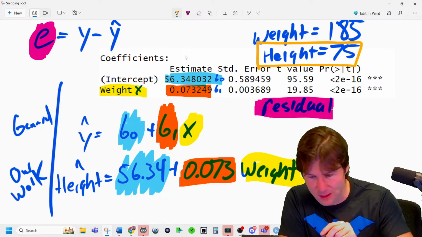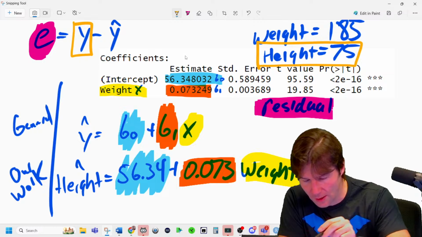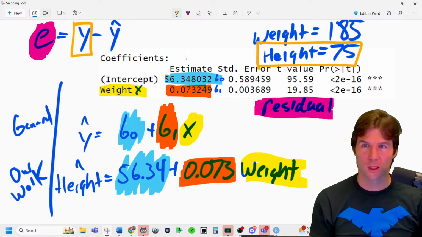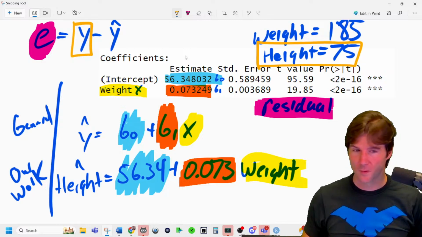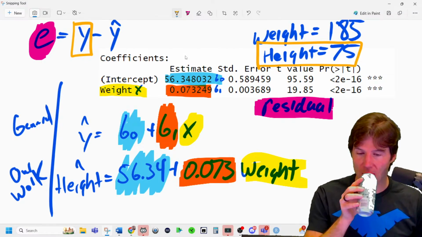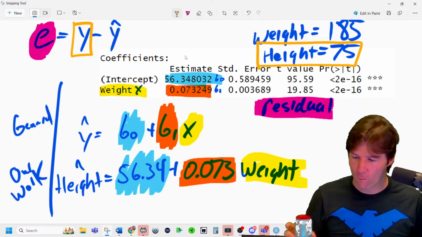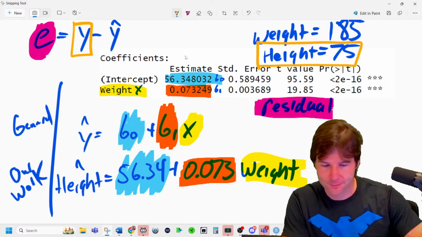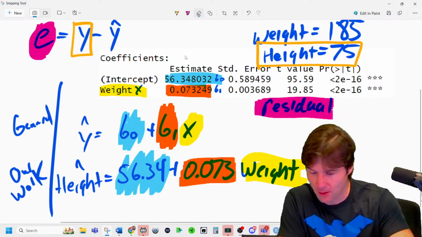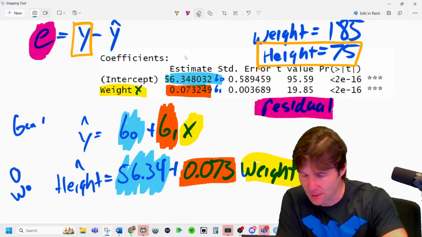You're missing my predicted. So how are you going to find Brian's predicted height? Explain the steps or find it. Go ahead and do it. Great job, Marley. Yep, find my prediction.